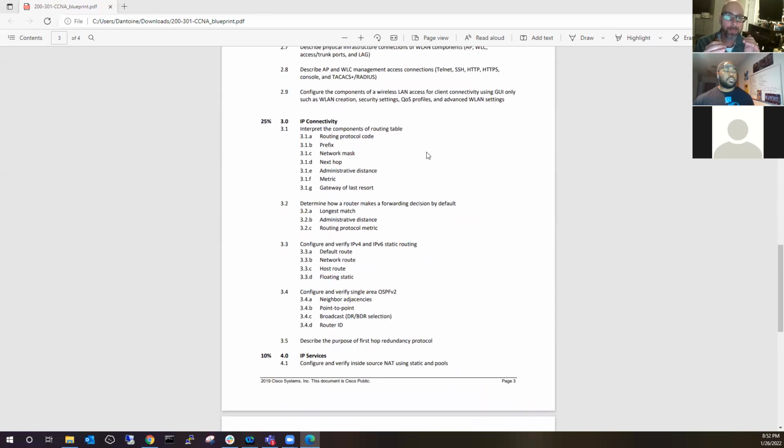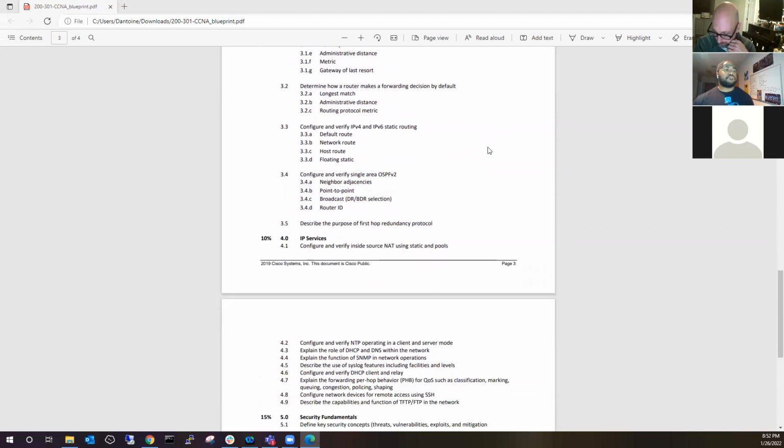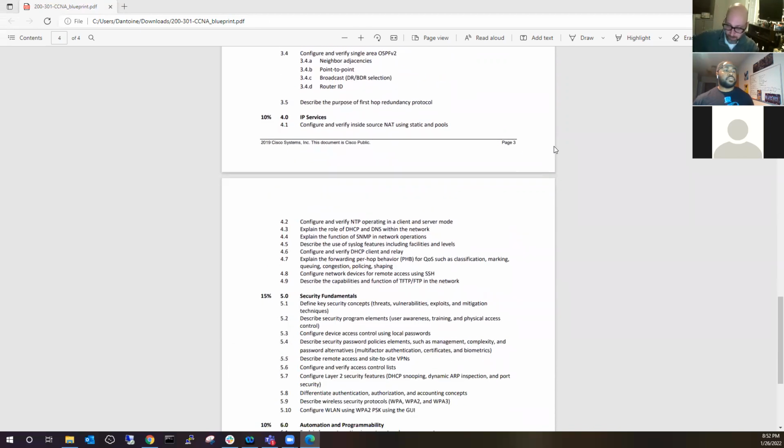Back that up. You're talking about CDP and LLDP, Link Layer Discovery Protocol? What you should be thinking of is which one is Cisco proprietary and which one is open source. So if I've got a Cisco Catalyst switch and a Dell switch, would I be using CDP or Link Layer Discovery Protocol to see each other?